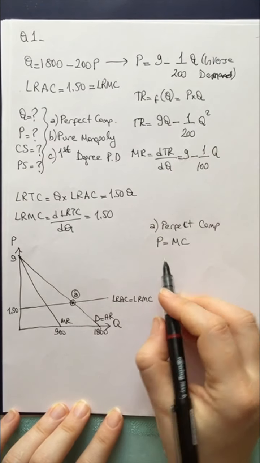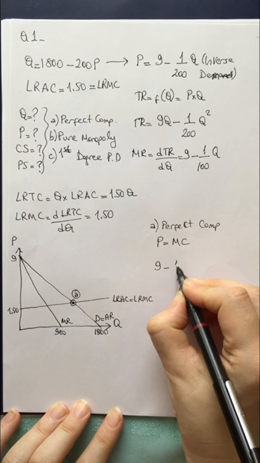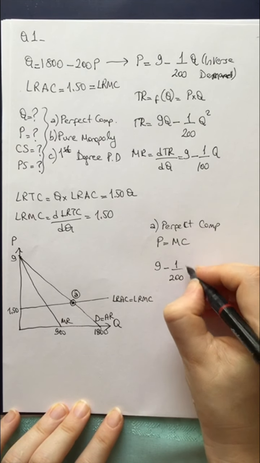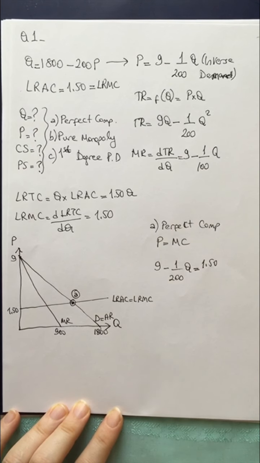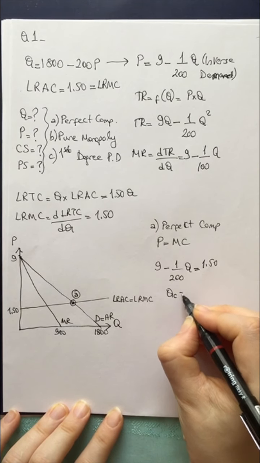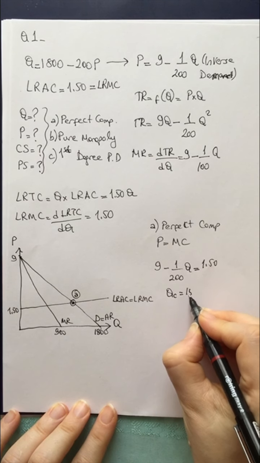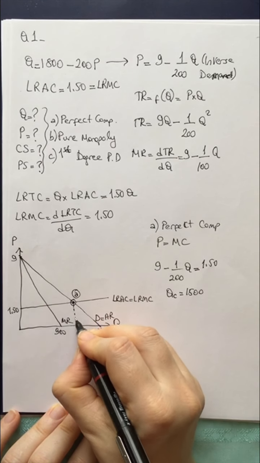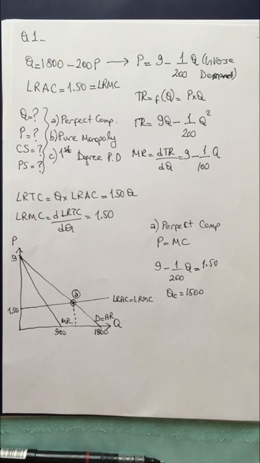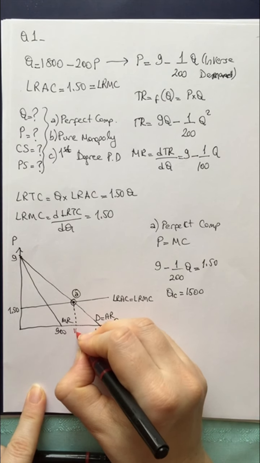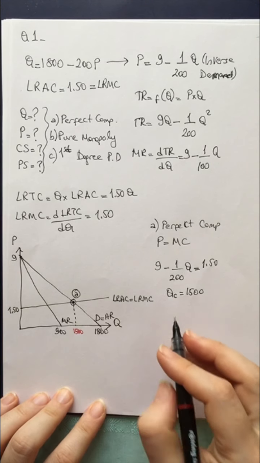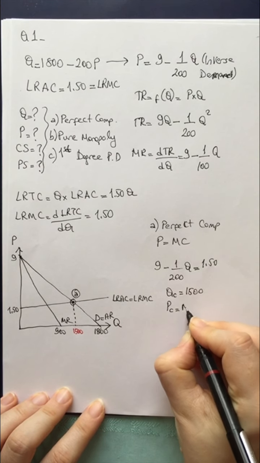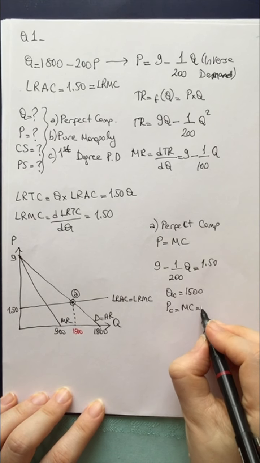Let's equalize the inverse demand, 9 minus 1 over 200Q, equal to 1.50. You will get the competitive output from here as 1,500. The competitive output is 1,500.